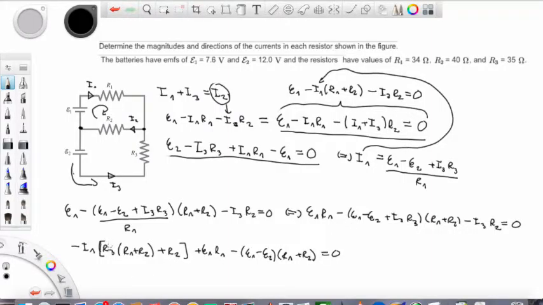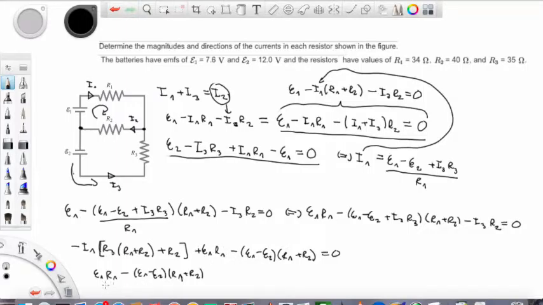Now we can solve for I1. So I bring this to the other side and divide by the whole thing. So I get, let's do it this way to be clear, E1 R1 minus E1 minus E2 times R1 plus R2.